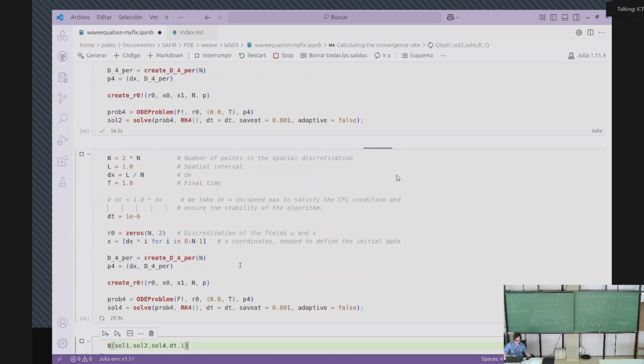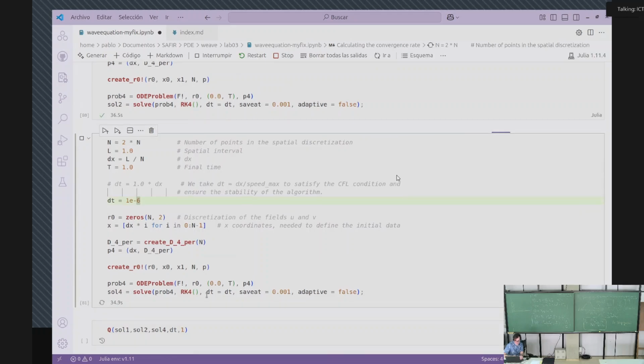I don't know why it's going slow. Maybe it's because of the small delta t, but it should finish soon enough, right?